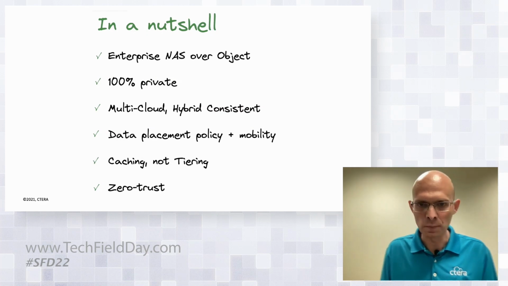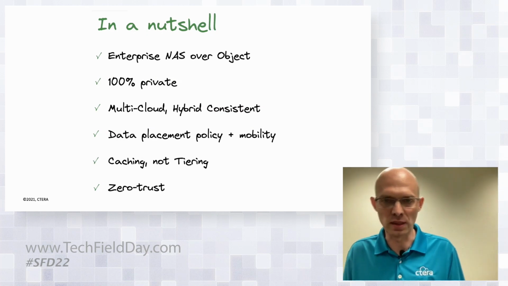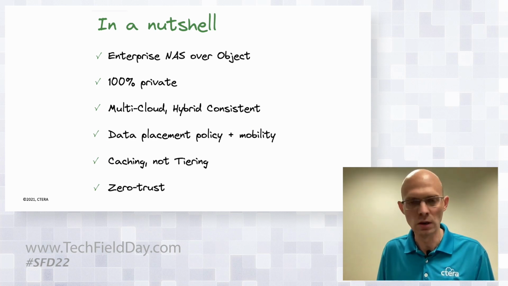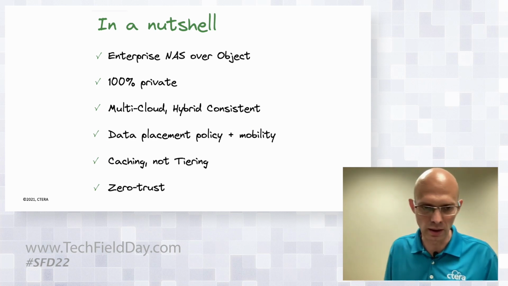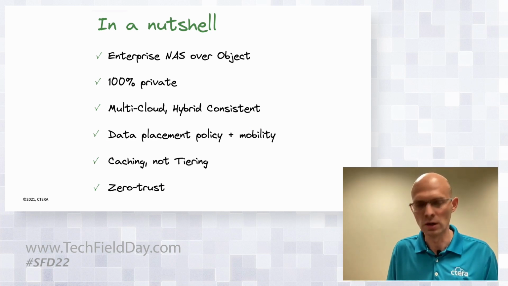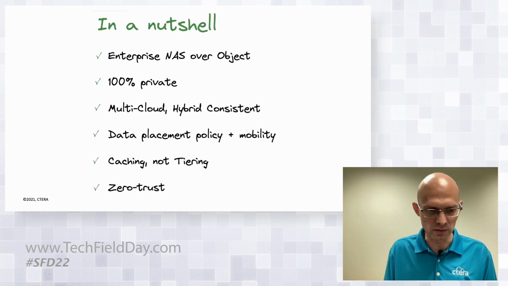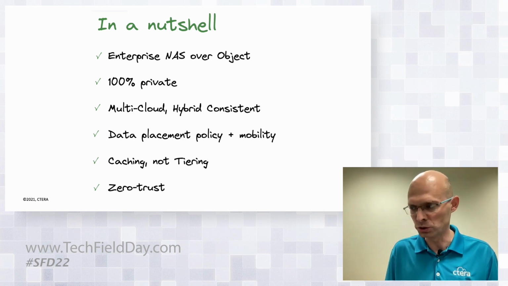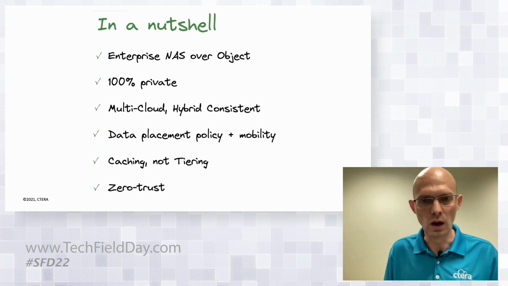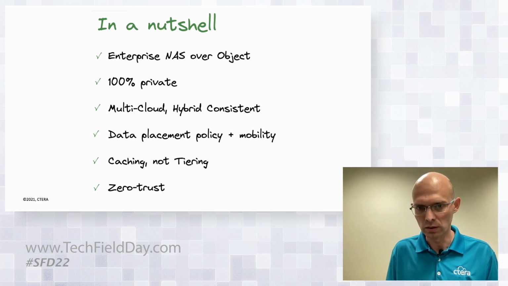Summing up in a nutshell, CTERA, our technology is enterprise NAS, global file system over object storage. So you enjoy the scale advantages and price advantages of object storage. It's 100% private, so it's suitable for the most security conscious customers. We have no shared components that the filers or the portal connect to. It's a natively multi-cloud solution.